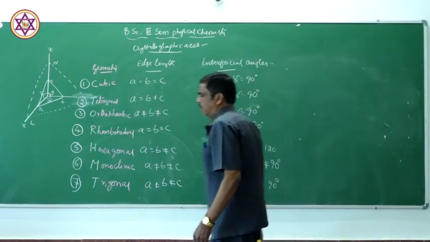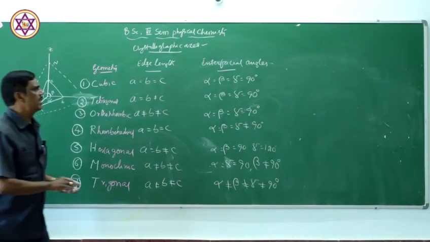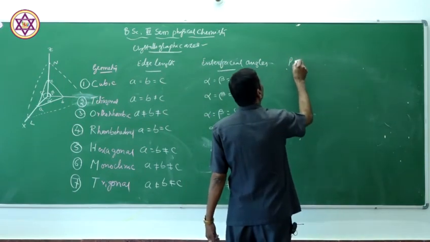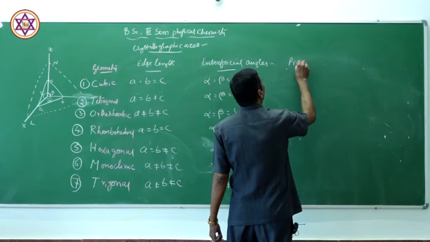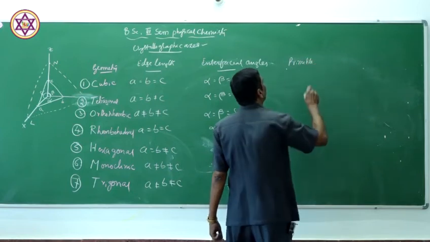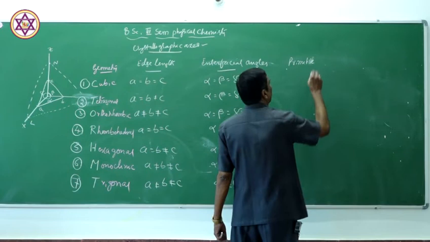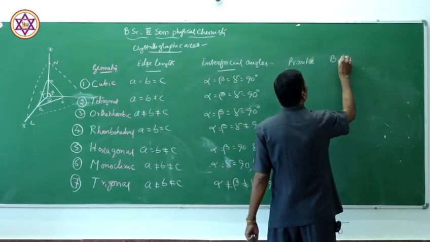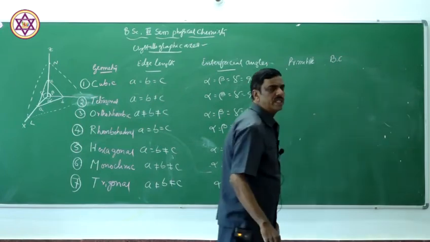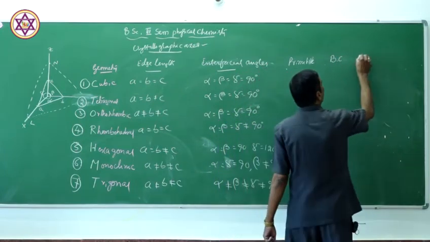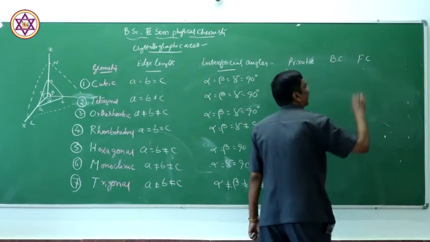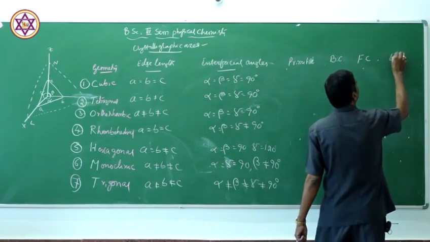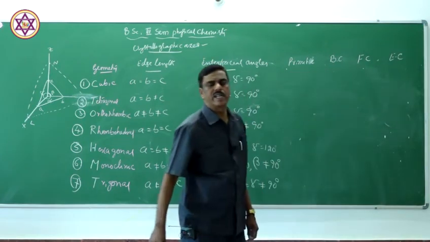The Bravais lattice types are simple or primitive lattice, we have body centered lattice, we have face centered lattice, and we have edge centered lattice.